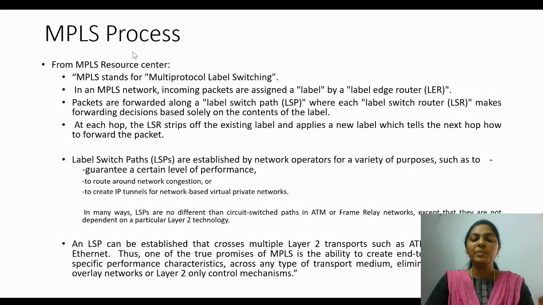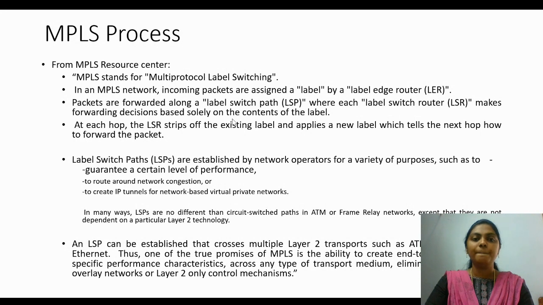Then coming to the MPLS process, what happens when a packet is generated? Suppose a packet is generated by a host and then it will be forwarded. The label edge router is responsible for attaching a label to it. So the first step is, for an incoming packet, a label will be attached and then it is sent through the label switch path.